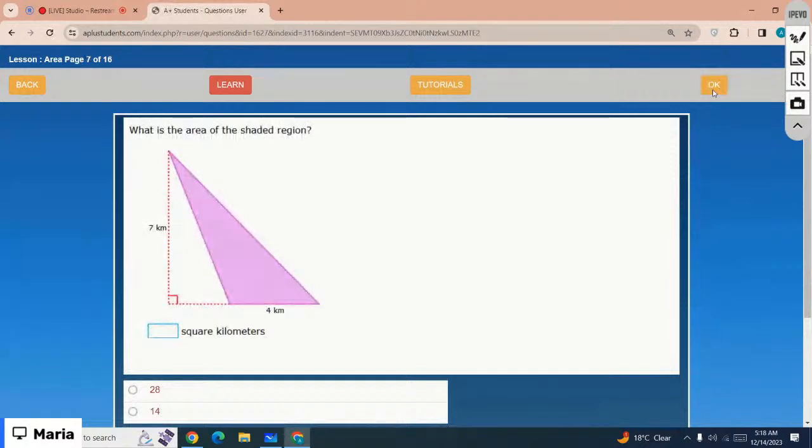What is the area of the shaded region? The correct option is 14 square kilometers.